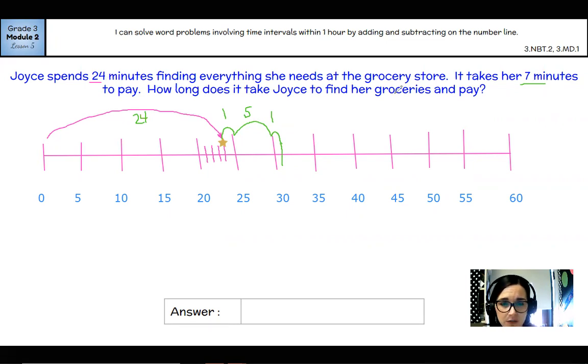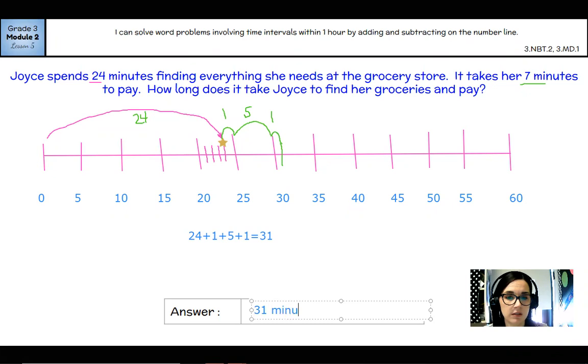How long does it take her to find groceries and pay? So what I'm doing here is 24 plus 1 plus 5 plus 1. What's that equal? 24 plus 1 is 25. 25 plus 5 is 30. 30 plus 1 is 31. So my answer would be 31 minutes.